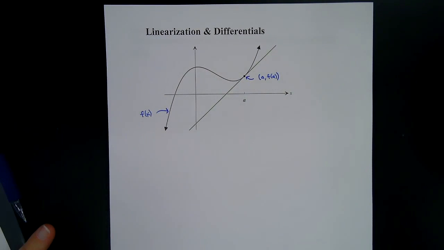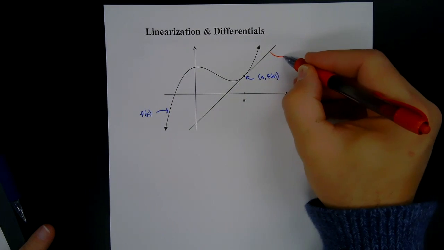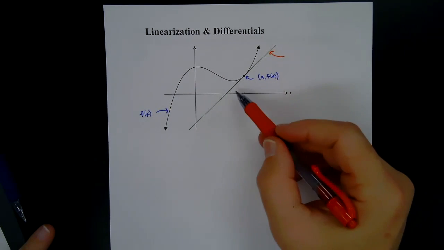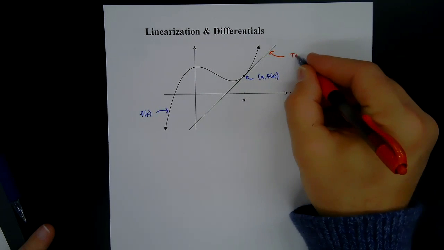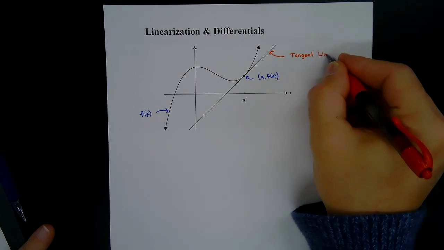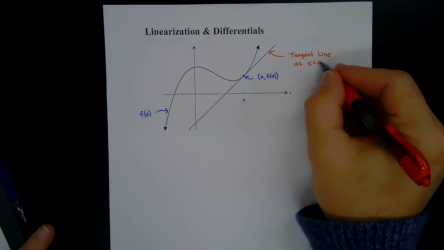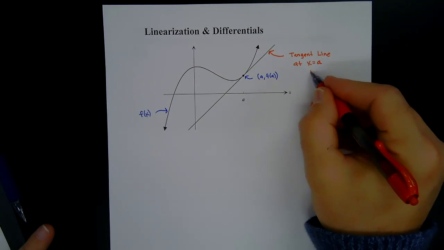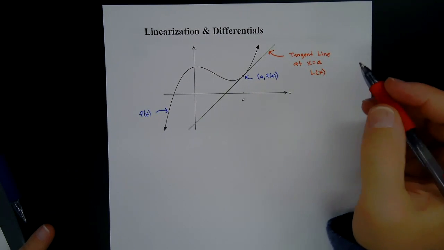And what I want to tell you is that this right here is the tangent line to the function at x equals a. Okay, so this is just simply the tangent line at x equals a. And we are going to call this tangent line L of x.